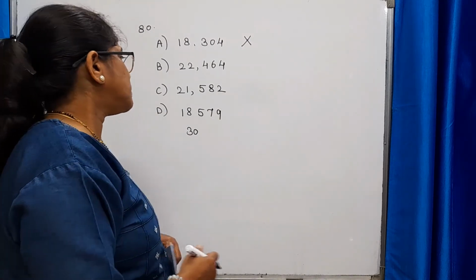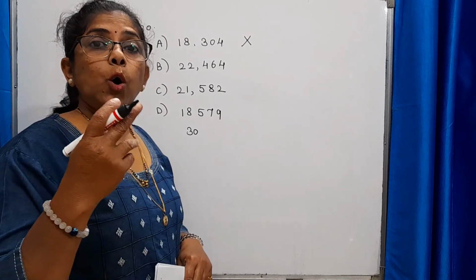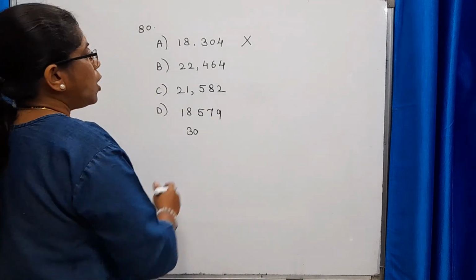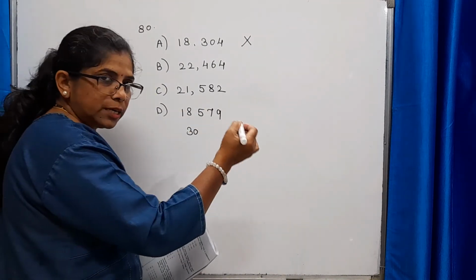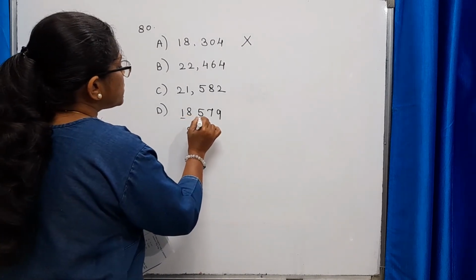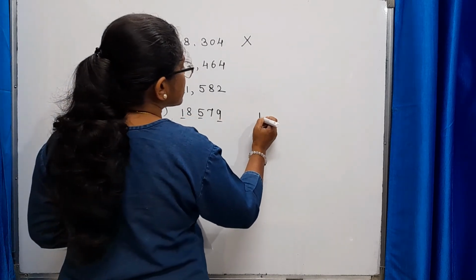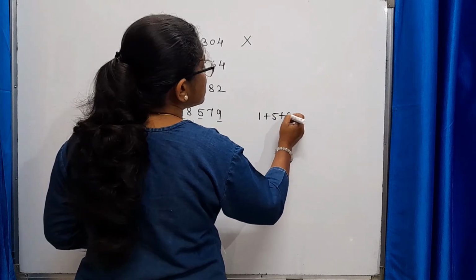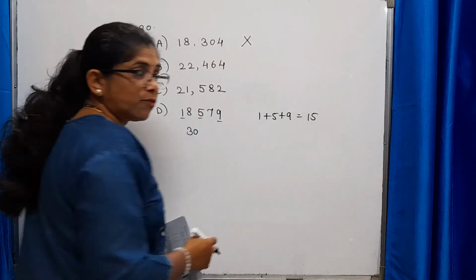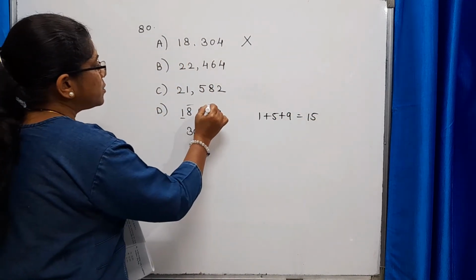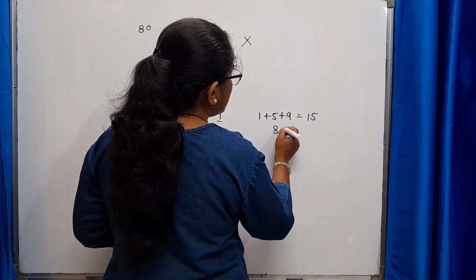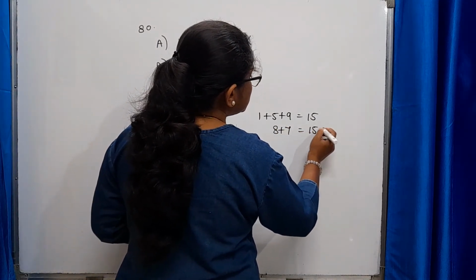Now we have to check whether it is divisible by 11. How to check? Add alternate digits. 1 plus 5 plus 9 gives 15. And 8 plus 7 is 15.